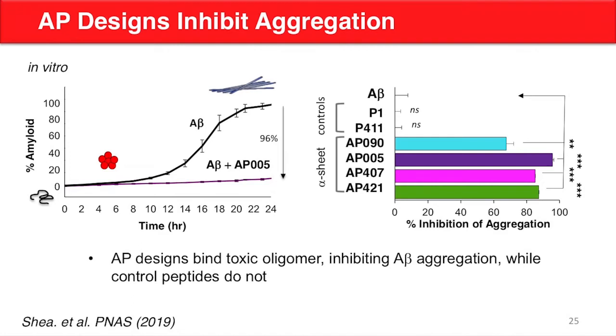So P1 is an unstructured random coil peptide, and P411 is a beta hairpin. They are showing no inhibition, so their curves look very much like they just overlay with the A-beta THT curve on the left. So we are seeing statistically significant inhibition of aggregation with these peptides and not with the controls. So it is specific binding that's doing this.